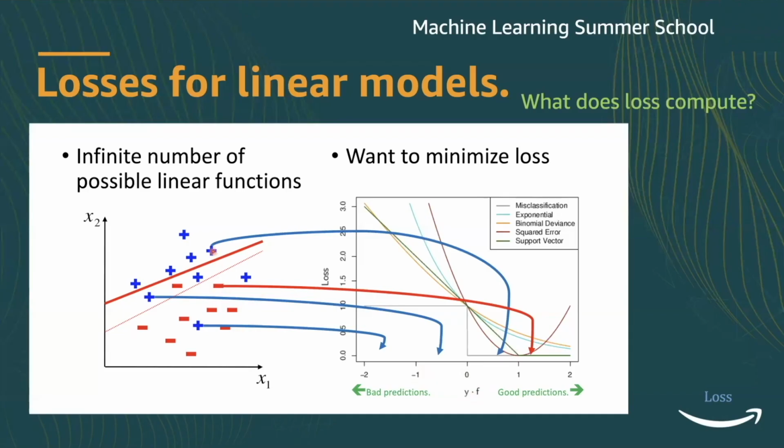And the same is true about this blue point, the plus above the red line. Below the decision boundary, the prediction is negative; above it, it's going to be positive.